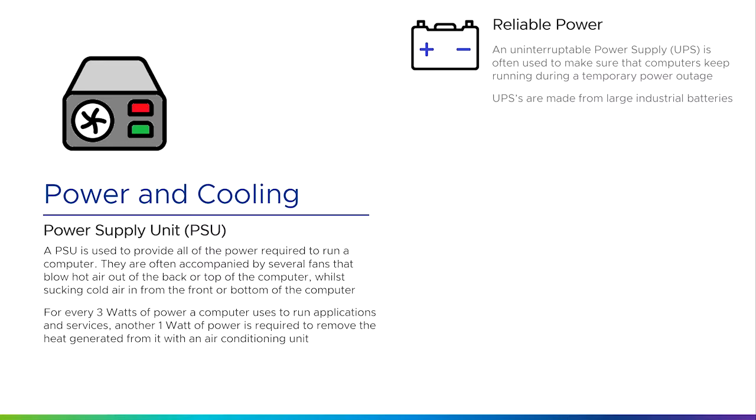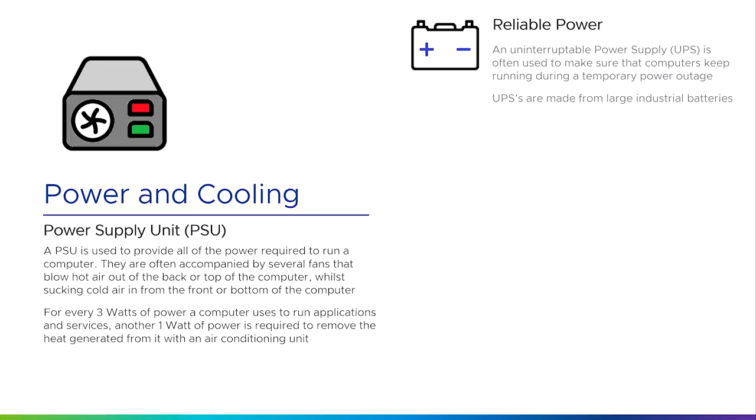So when we talk about power and cooling in server rooms, we tend to have something called a UPS, or an uninterruptible power supply. And this is a way of keeping servers running during a temporary power outage, or during something we would call a brownout, where the power disappears for a period of time.